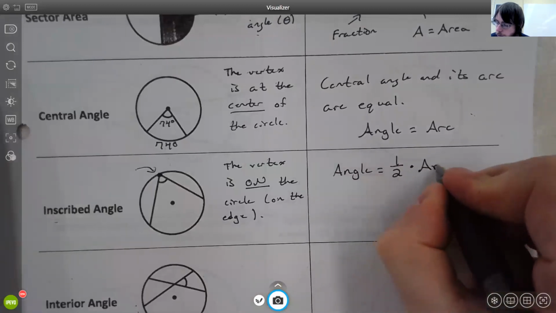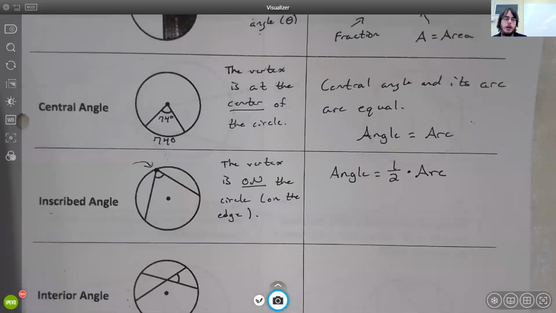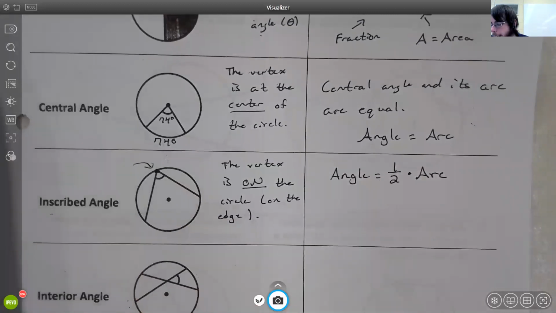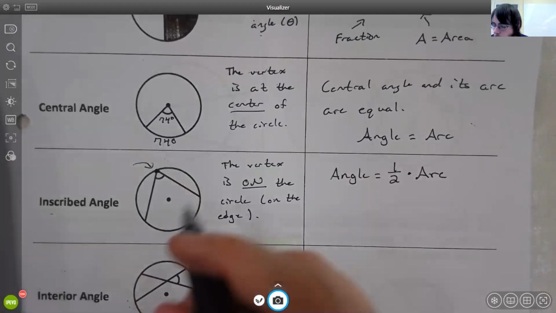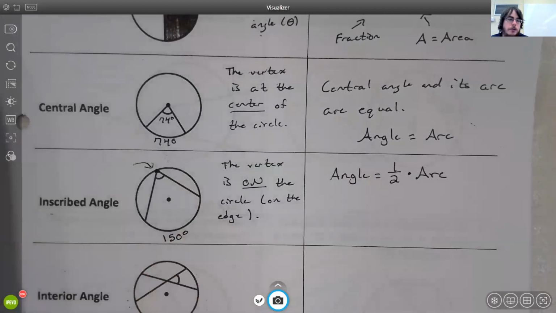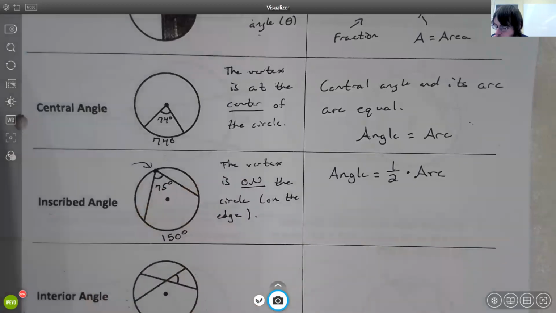So if the arc here was equal to 150 degrees, then the angle would be half of 150, which is 75.